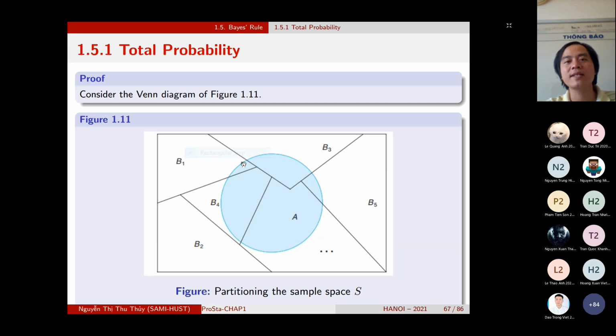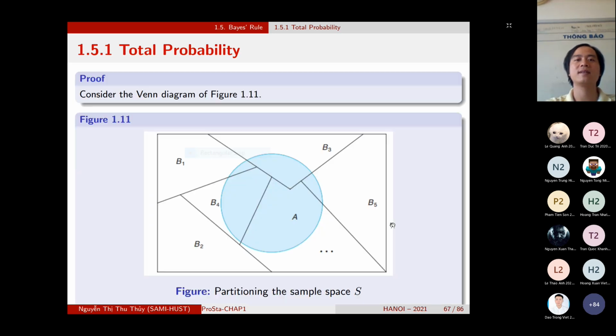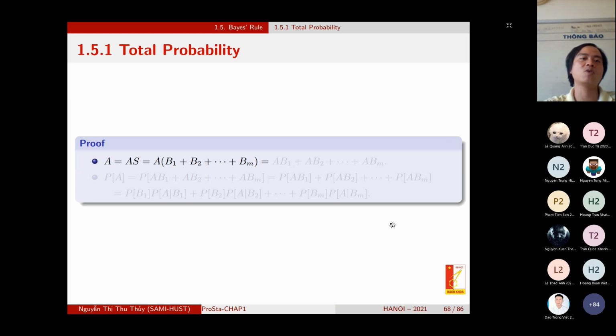So we condition: first the probability of B1, then the conditional probability of A given B1, then the probability of B2 multiplied by the conditional probability of A given B2, and so on. That's the meaning of formula 1.31. The proof is very simple, so you can read it at home after.